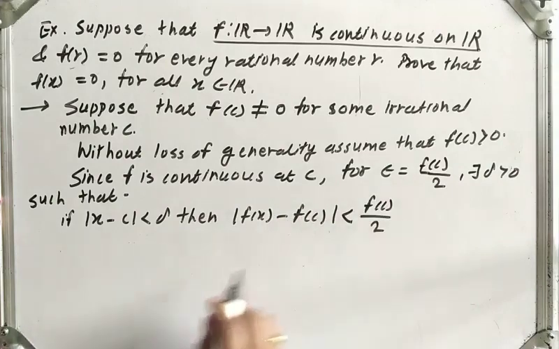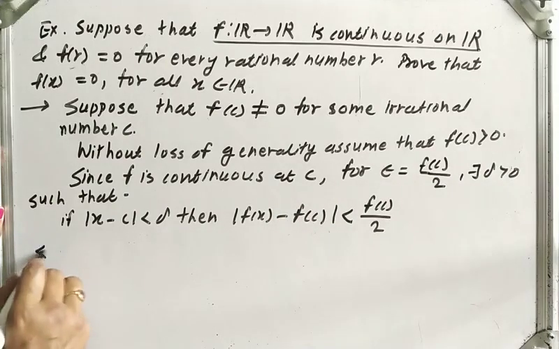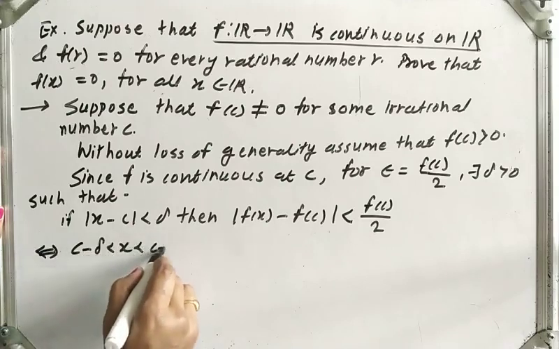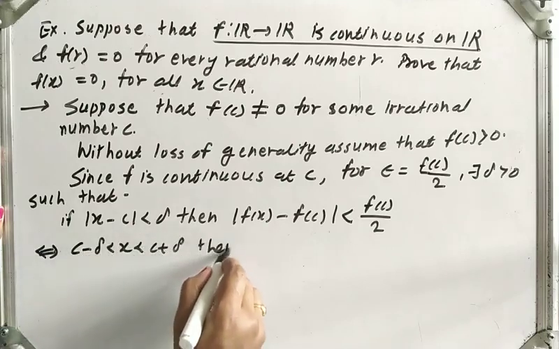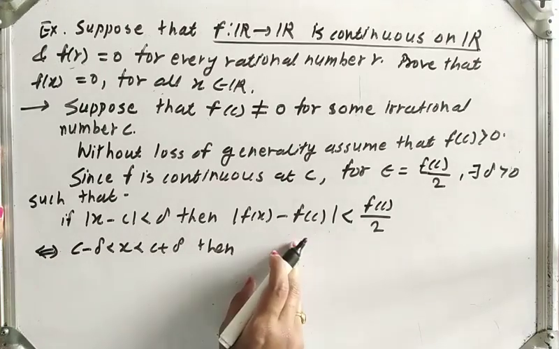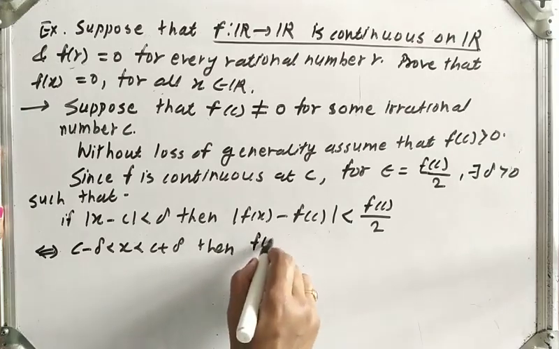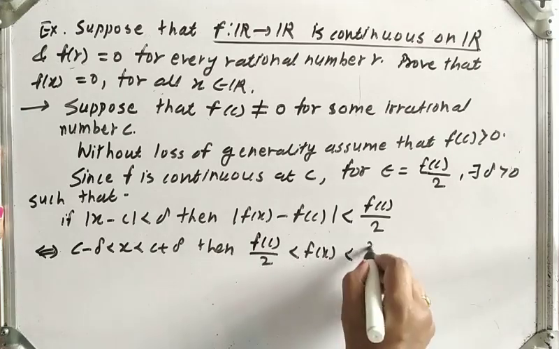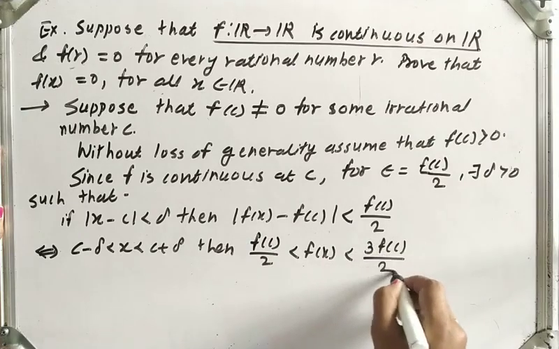Okay, this condition is satisfied if and only if c minus delta less than x less than c plus delta, then this can be written as: f of c minus f of c by 2, that will be f of c upon 2, less than f of x less than 3 f of c upon 2.